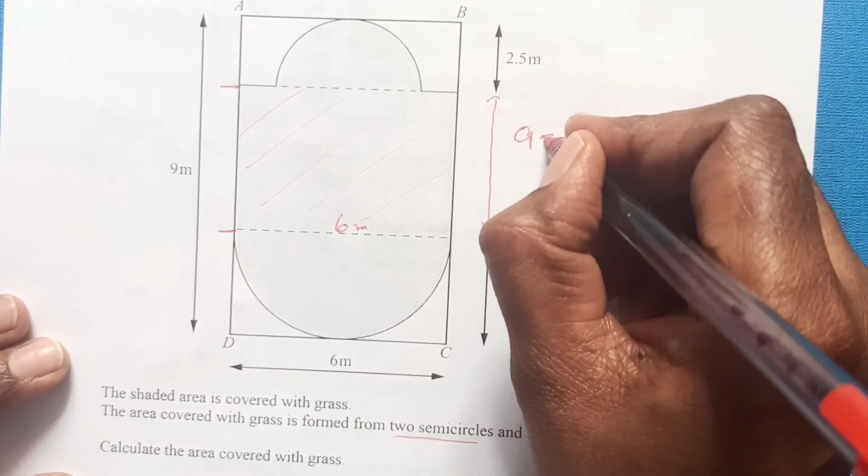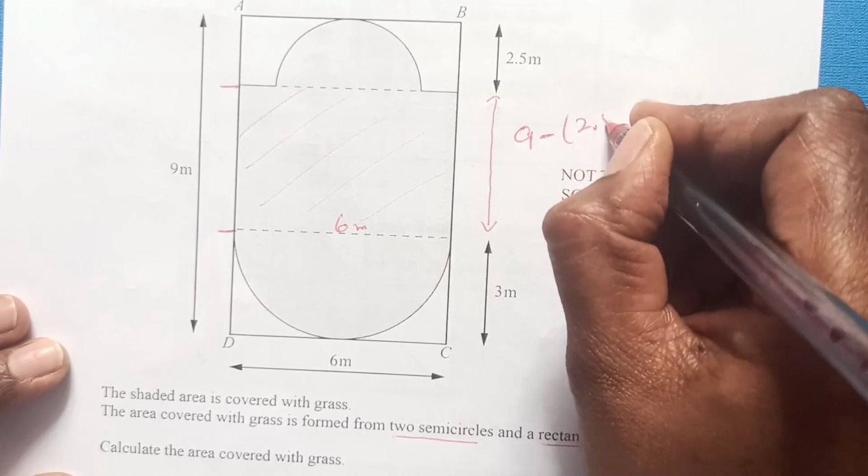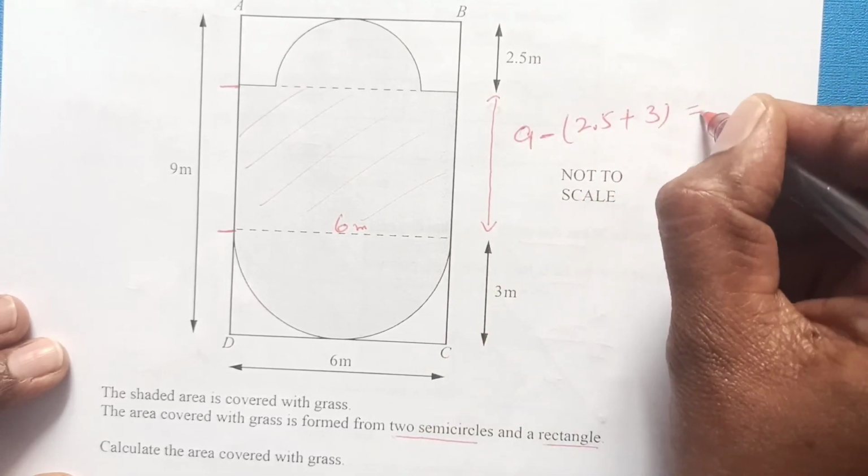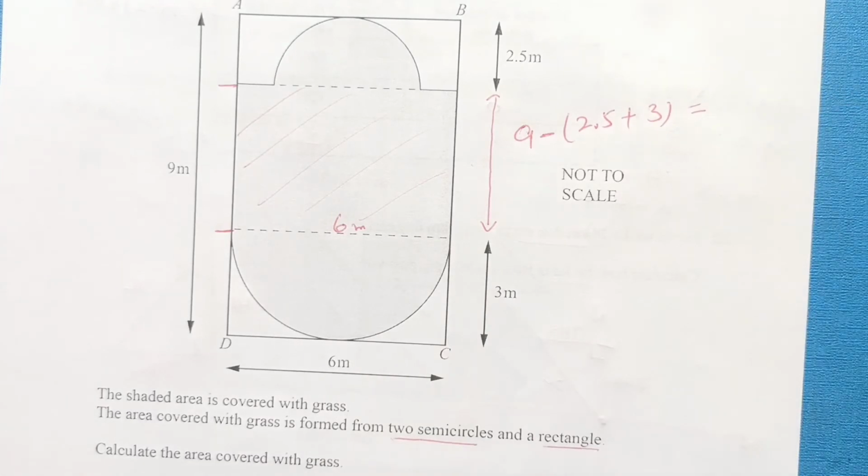So 9 minus 2.5, this one we need to subtract, plus we need to subtract this one. So when you calculate, let me check it again, 9 minus 5.5 is 3.5.